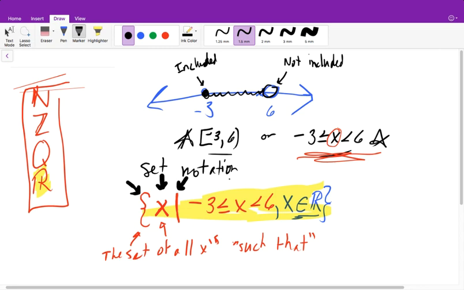So it's x is greater than or equal to -3 and less than 6. And then here we're defining which special number set that you are using. And then we will close off our set with another of the curly braces.